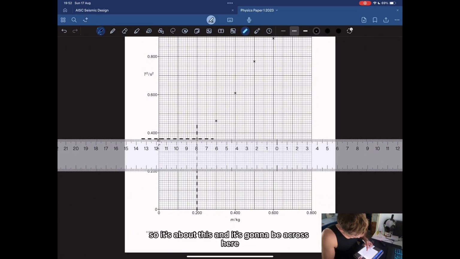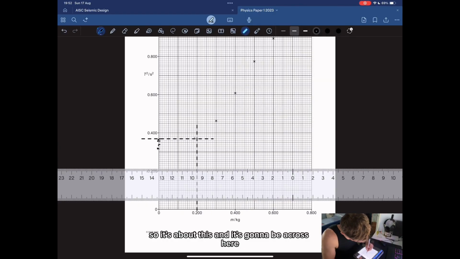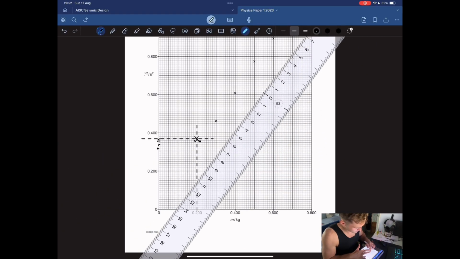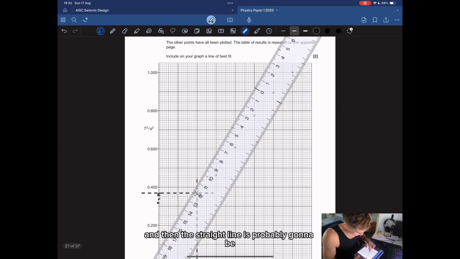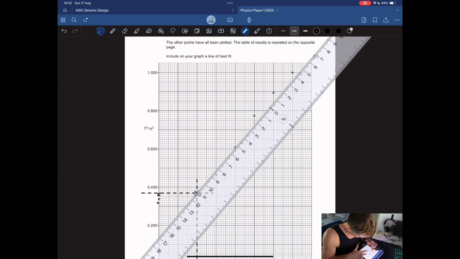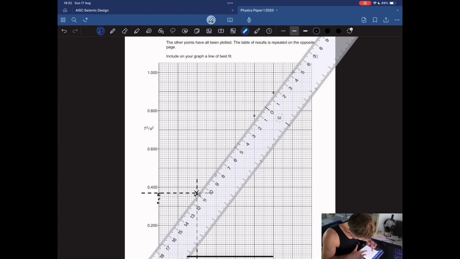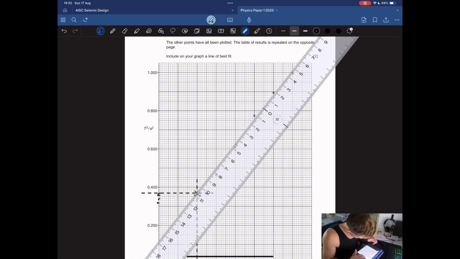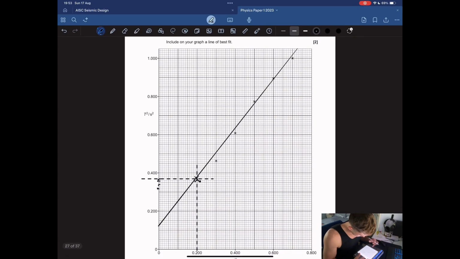So it's about this, and it's going to be across here. And then the straight line is probably going to be about this. Which looks good. Yep.